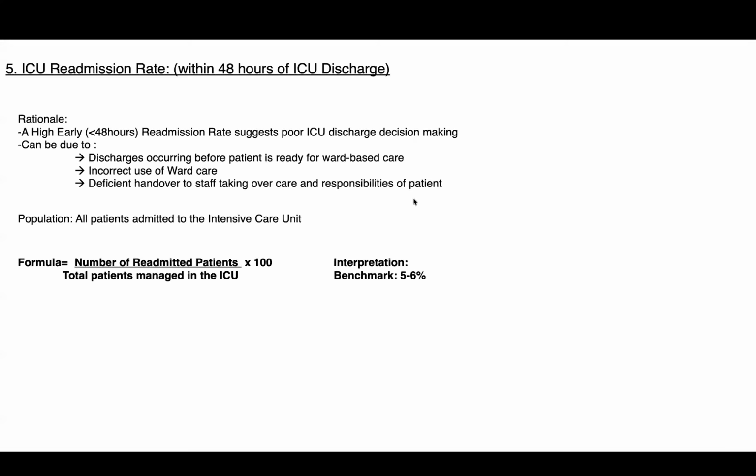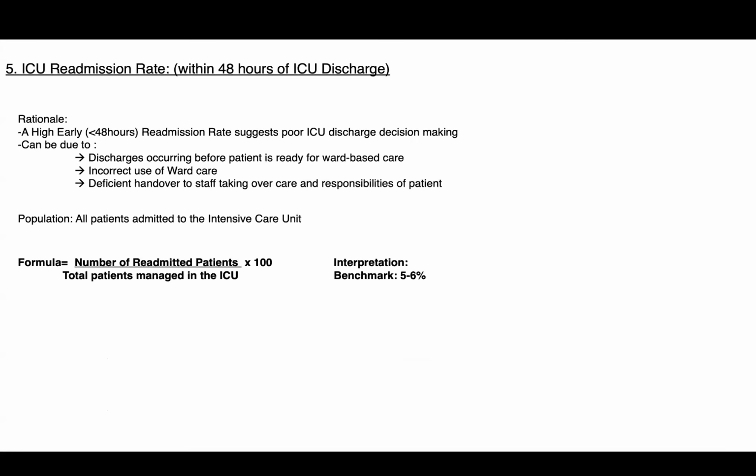So then coming to ICU readmission rate, that is within 48 hours of ICU discharge. The rationale for this is a high early, that is less than 48 hours, readmission rate suggests poor ICU discharge decision making.